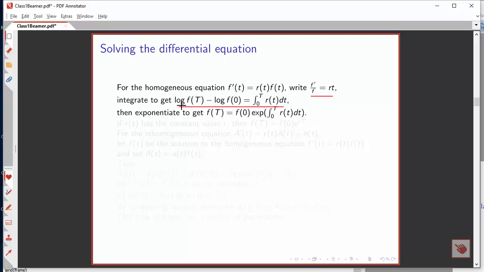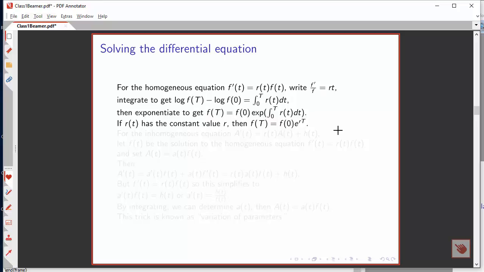Now we can take the exponential of both sides of this equation. The exponential of the log of f of t is, of course, f of t itself. On the other side, we have the exponential of log of f of 0. That's f of 0, the initial deposit, and that gets multiplied by the exponential of the interest rate integrated over the time period.